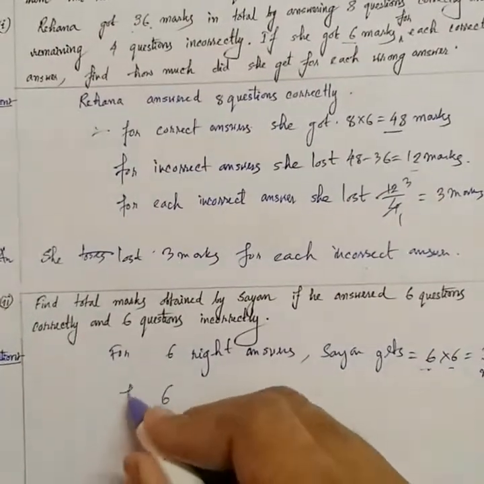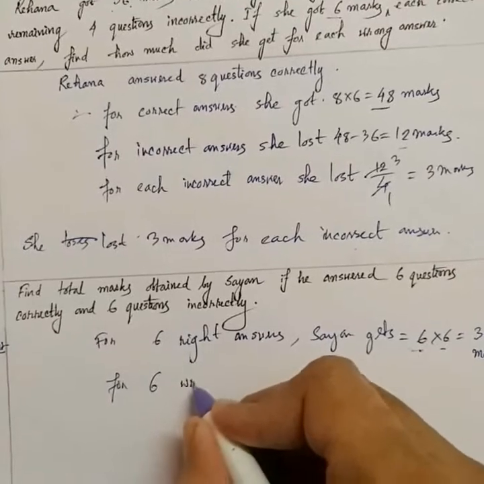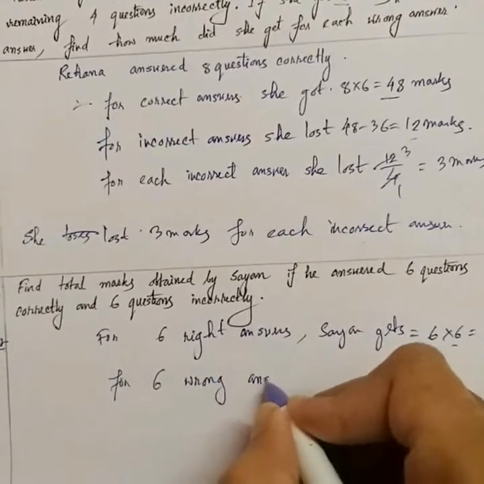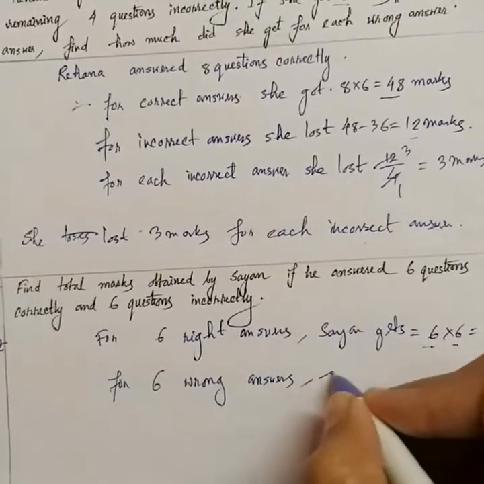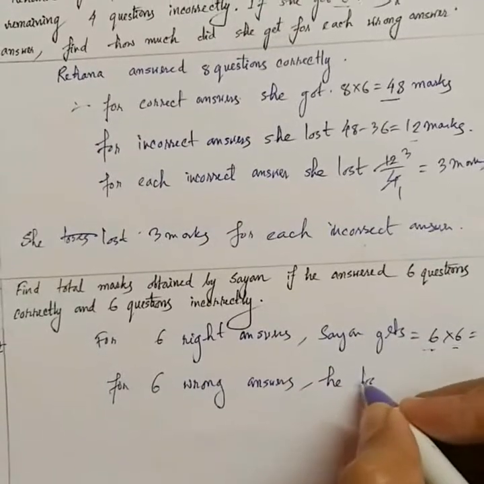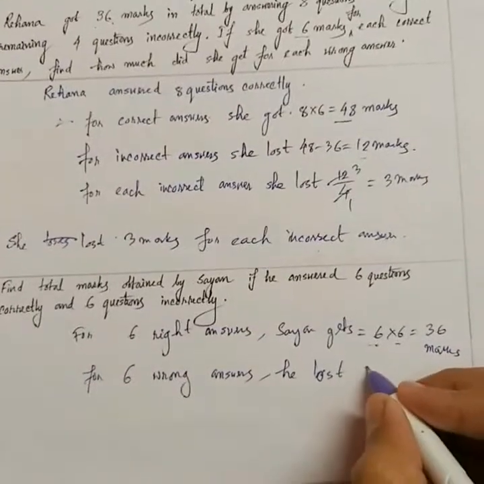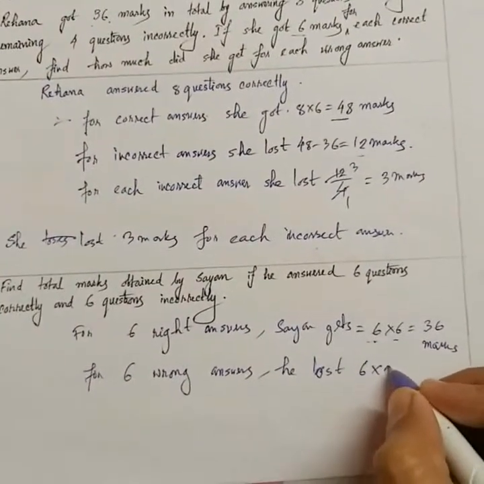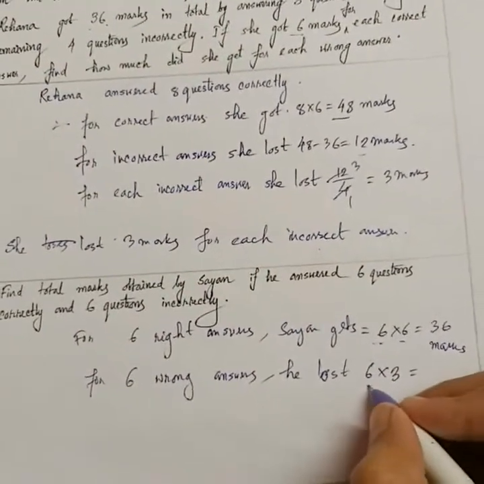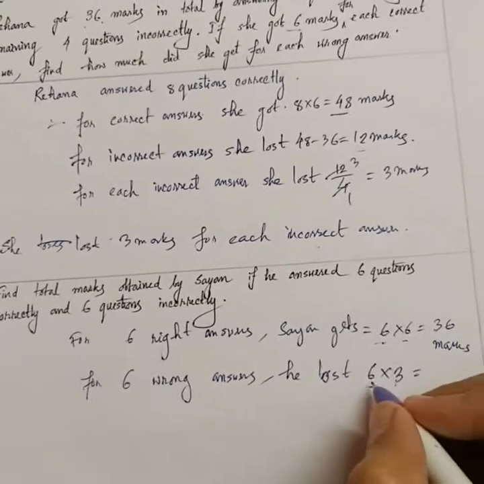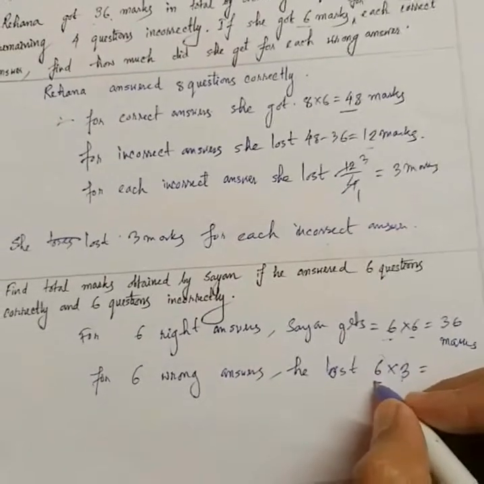And for 6 wrong answers, he lost 6 times 3, because for each wrong answer he loses 3 marks, and in total he has answered 6 questions wrong.